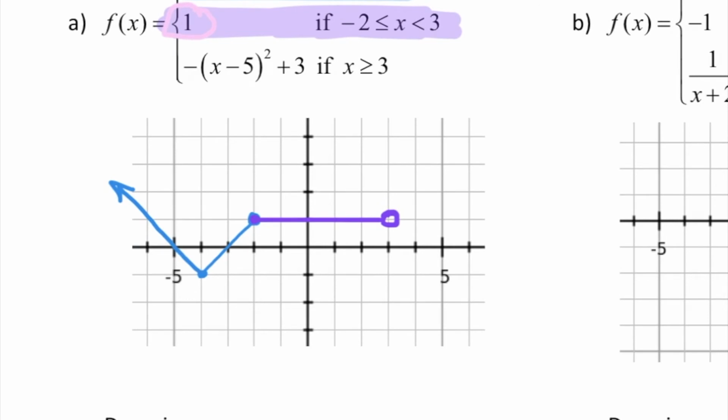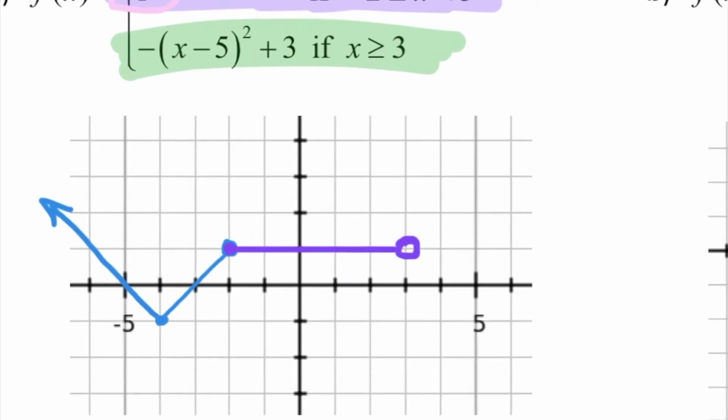And then my last equation, how about green? So this last equation I'm going to do in green, and it's a parabola that opens down, or quadratic that opens down, and it has a vertex up here at 5 comma 3.